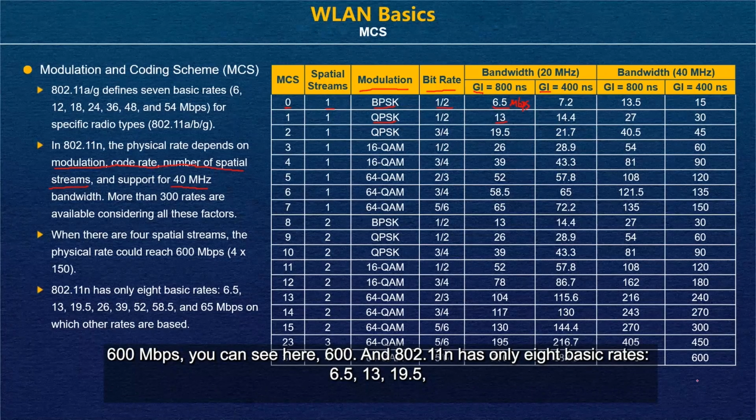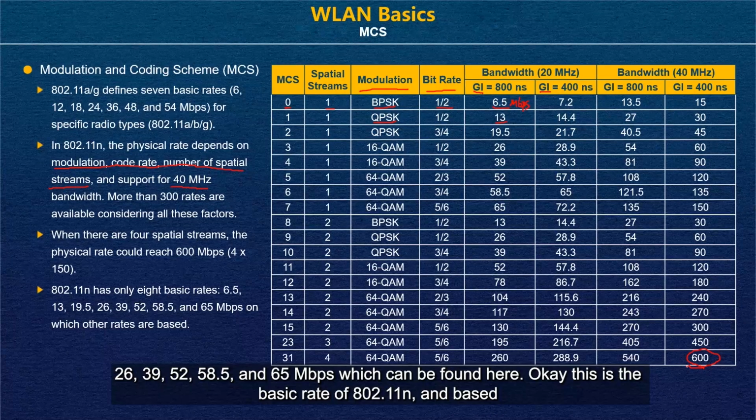You can see here, 600. And 802.11 has only 8 basic rates, 6.5, 13, 19.5, 26, 39, 52, 58.5, and 65, which can be found here. Okay, this is the basic rate of 802.11n.